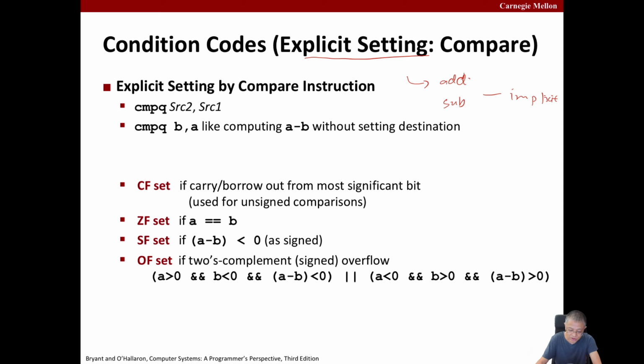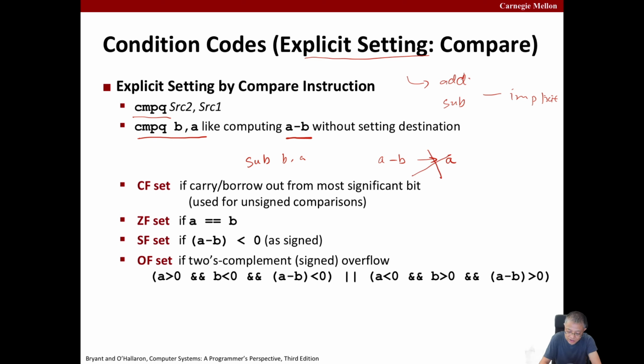There are 2 instructions. One is the compare instruction. If we have compare B and A, it's like computing A minus B without setting the destination. Normally, if we do a subtraction of B and A, it will actually calculate A minus B, then save the result in operand A. But with the compare instruction, there is no saving part.